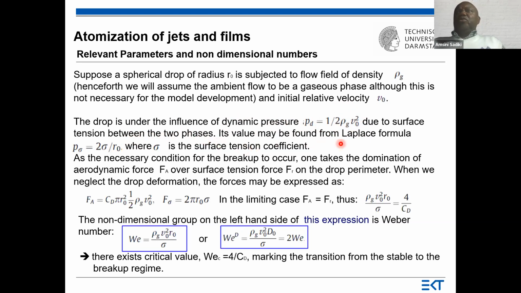This value may be found from the Laplace formula, and this Laplace formula is this one. We know this, where this quantity is the surface tension coefficient.